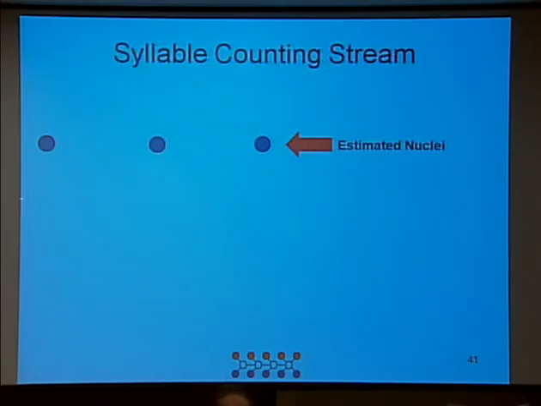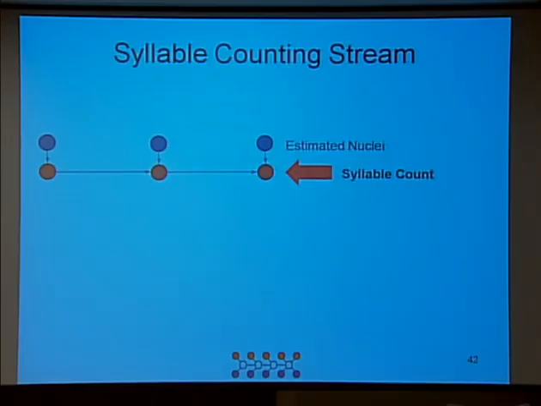Okay, the top variable: these are our estimated nuclei. These are observations, and they're observed to be either 0 or 1. Most of the time they're 0, and when you hit the frame that's the peak in your sonorance measure, it's set to 1. This is the syllable count.